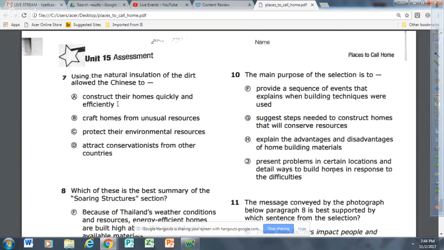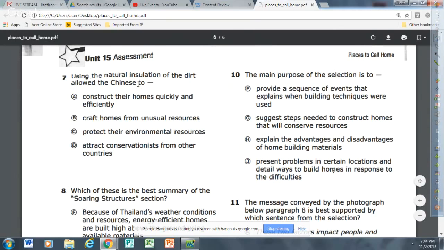So the insulation has to do with building their homes. It allows them to craft homes with unusual resources. So they use different things. Or does the insulation of dirt help them protect their environment? Or does this natural insulation help them attract conservationists from other countries? So this one's a little bit challenging. Look at number 7. What did using this natural insulation allow the Chinese to do?